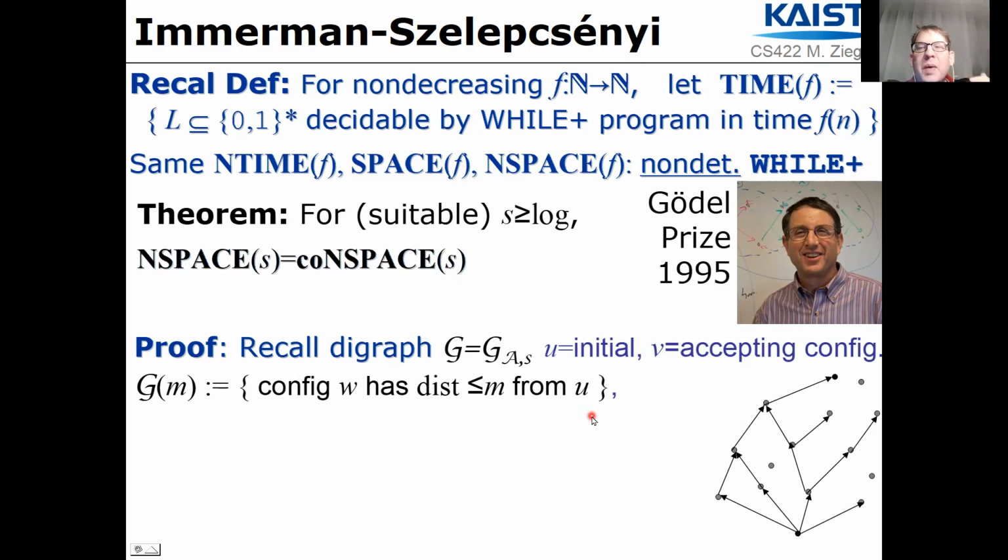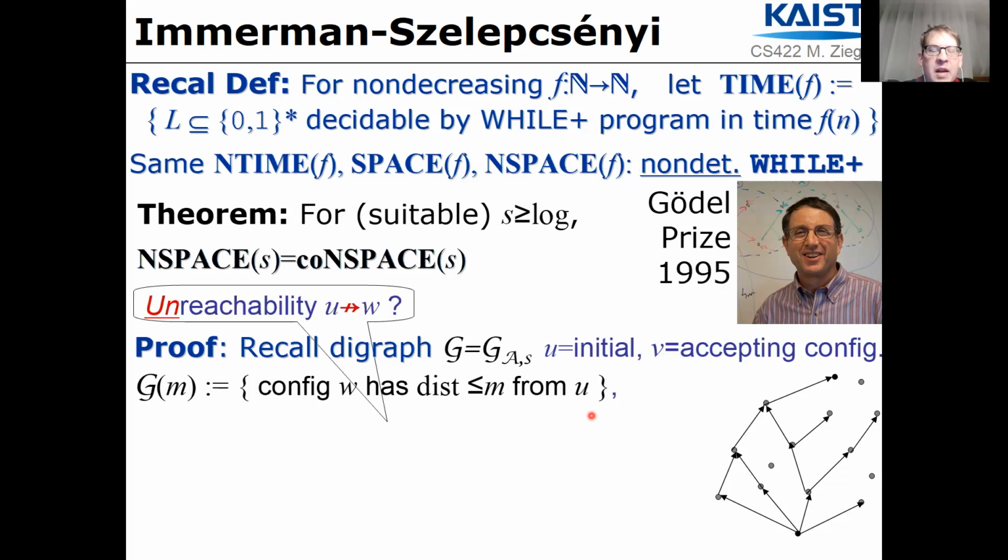We subdivide it into shells, where each next level is all the configurations that can be reached from the previous one in one additional step, following one additional edge. And the goal here is now to not express reachability deterministically, that was the Savitch theorem, but to express unreachability, because that's the co-NP problem.